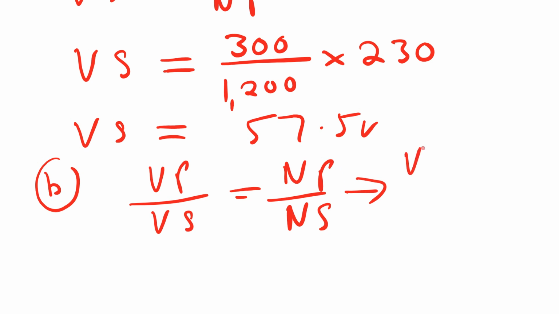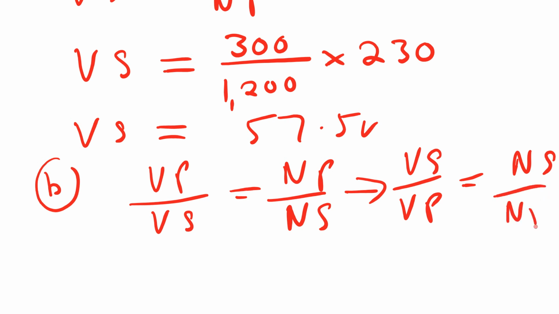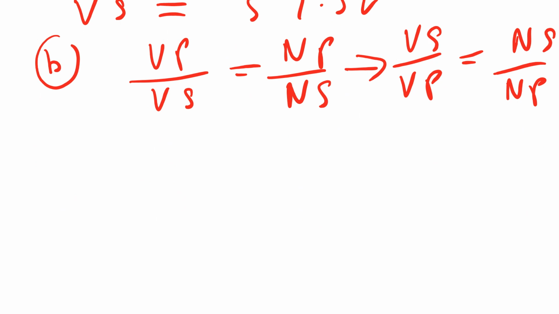So it then becomes Vs over Vp equals Ns over Np. Now, to get Ns by itself, we've got to get rid of this Np. So the Np is a divide, so we'll times that by Np. So if I times this side by Np, I must times that side by Np.